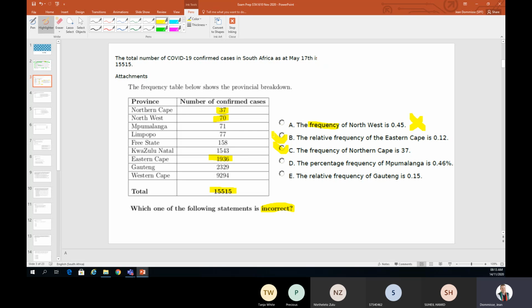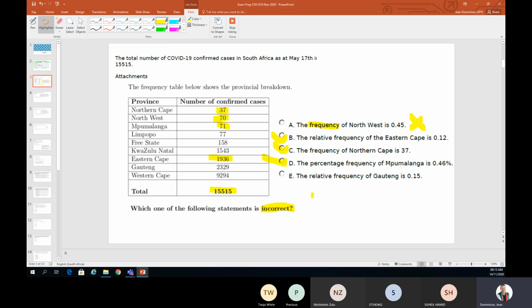Okay, so what I would have done is I look at Mpumalanga, so it is 71 divided by 15515, which gives me 0.004576. I want you to get to the percentage. So then the percentage is times 100. Cool. And you will get that one.